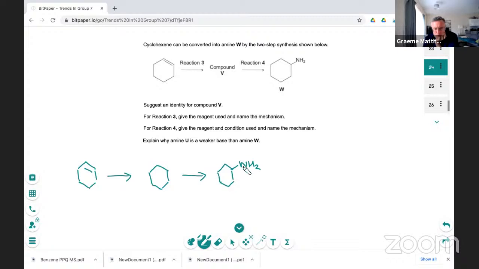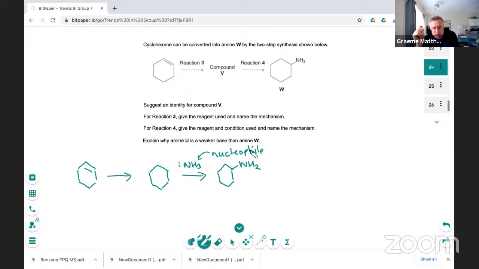So I'm thinking, NH2. What is linking in my mind to NH2? Well, I'm just taking a guess. Ammonia has got to be in there somewhere. Ammonia is my nucleophile.